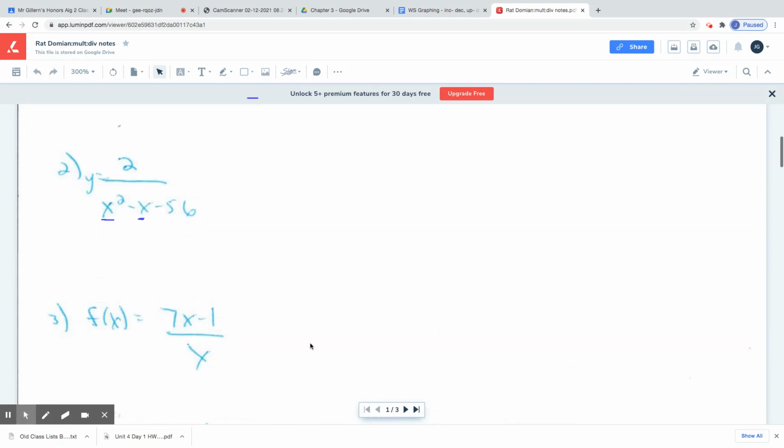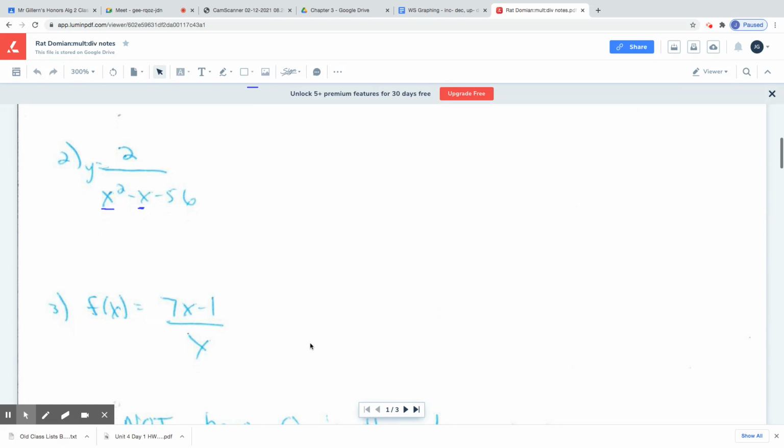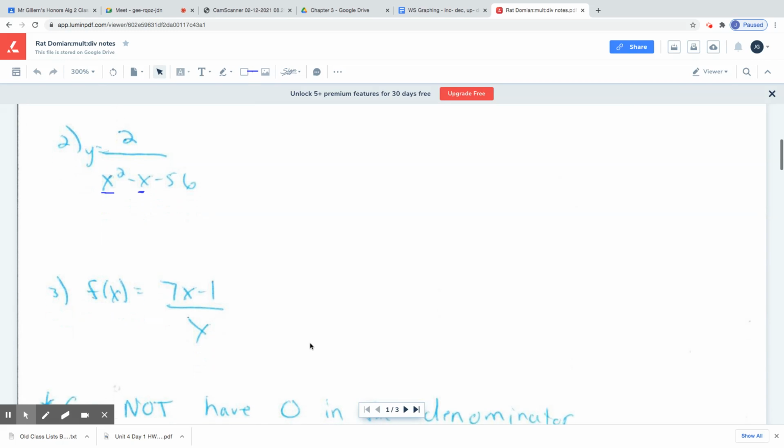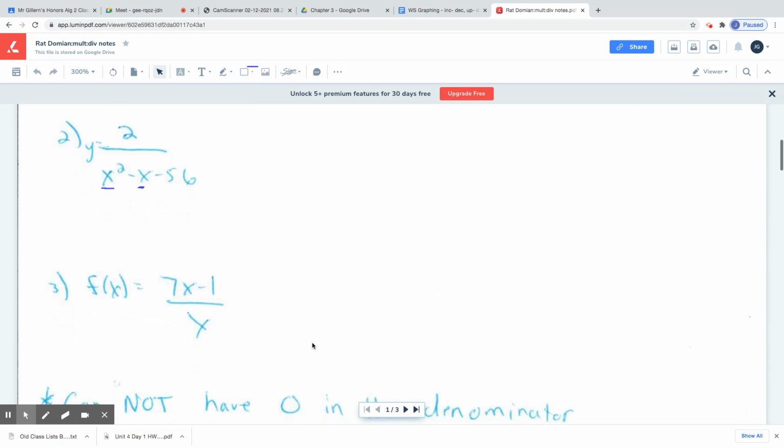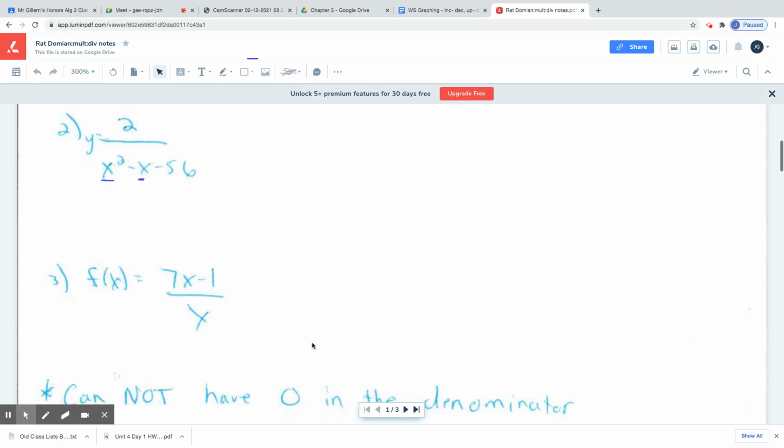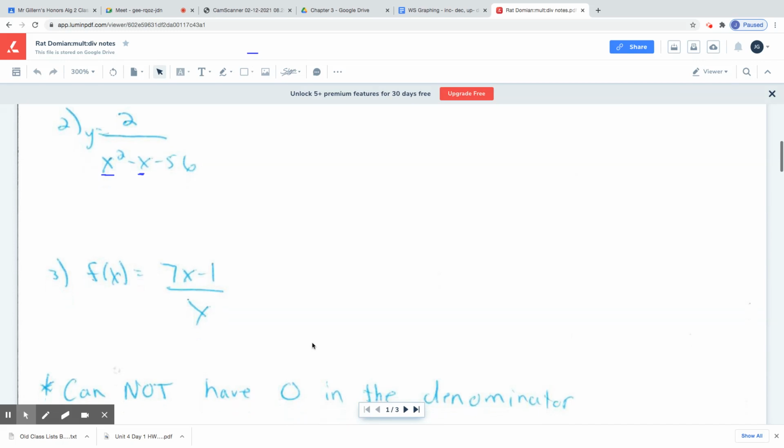Now, one thing we have to be careful about: when we've done quadratics and polynomials, there have been no restrictions on the domain. Remember, domain is our possible x values, and it was negative infinity to infinity. It was all real numbers before. There was nothing x couldn't be.